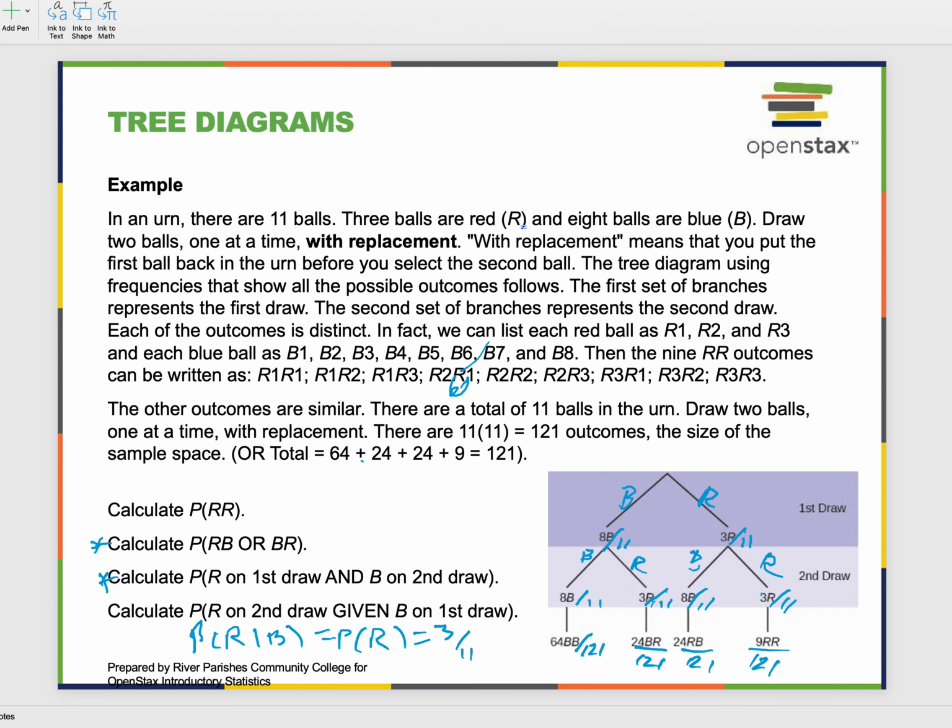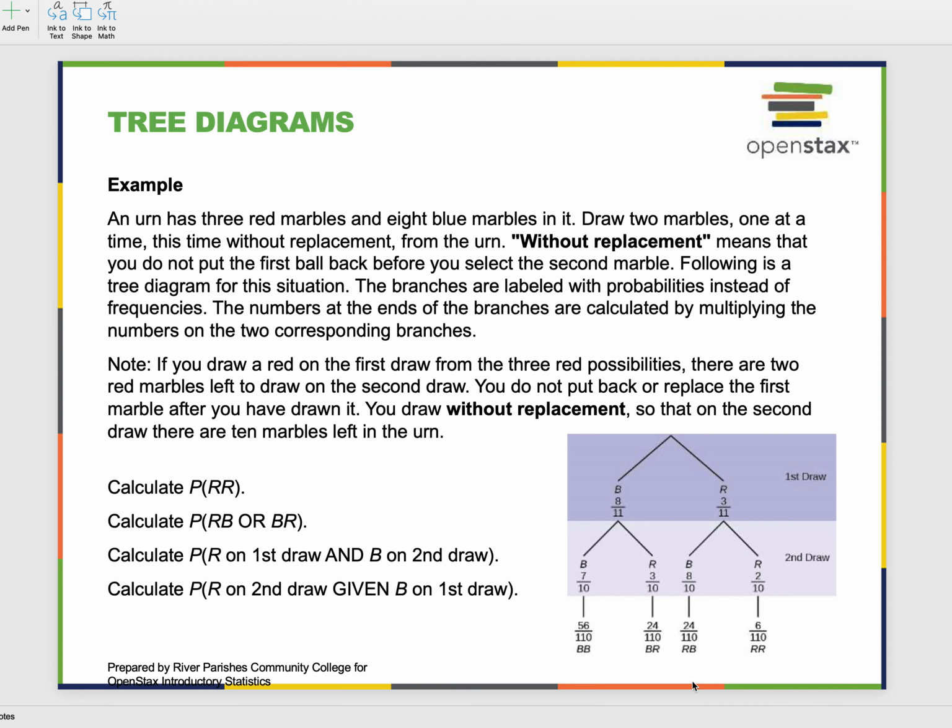The probability of getting a red at any stage is the same. Now to get to the final total of the probability of red, blue, blue, red, blue, I multiply these together because they're independent of each other. So easy to calculate. Now, without replacement, it becomes a much different problem. Because look at this. What do I have here?